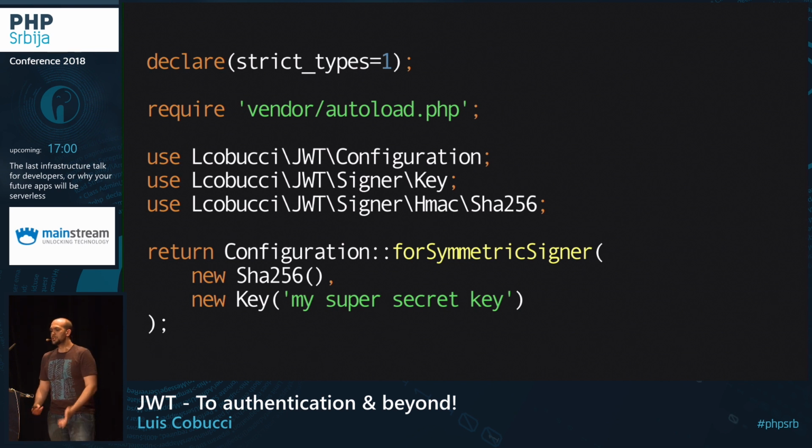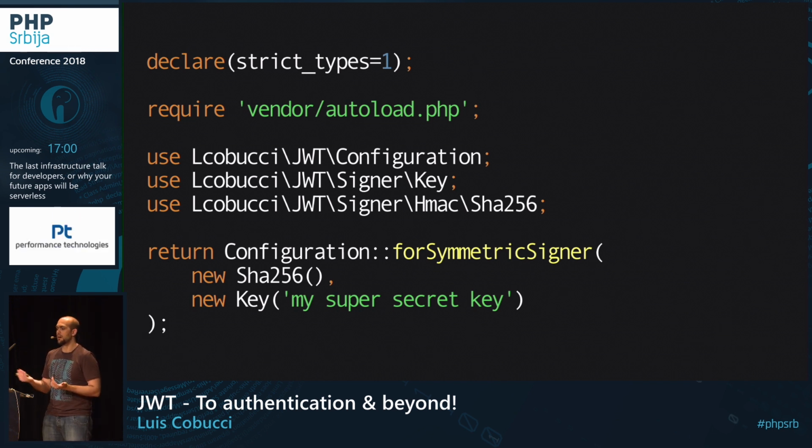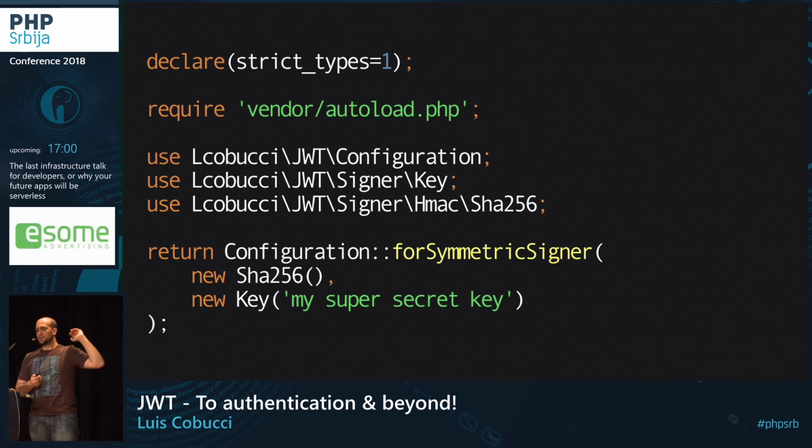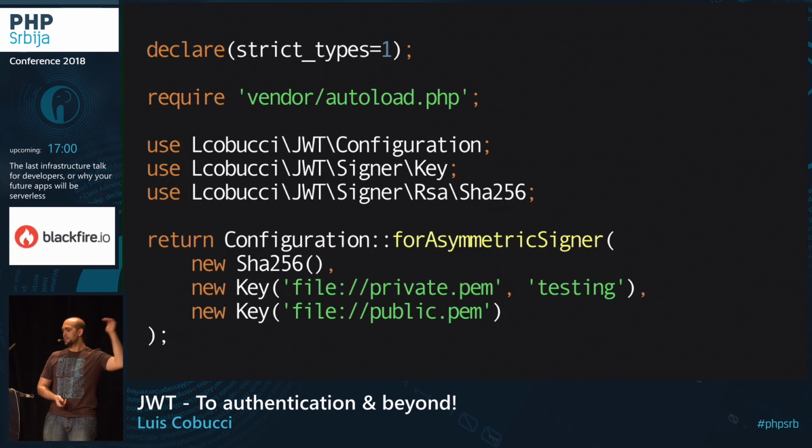So the first decision that you have to make is to choose between the symmetric and the asymmetric signature algorithm. If you're going for a symmetric signature, it means that you have HMAC, so you have only the signature and only one key. For asymmetric, you have the private and the public key.